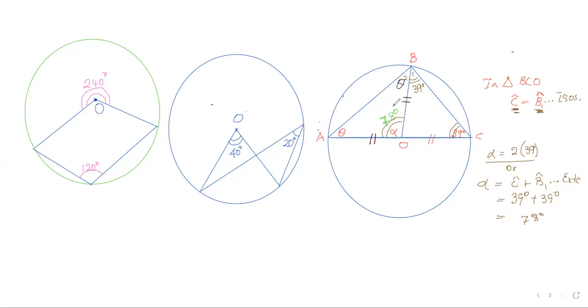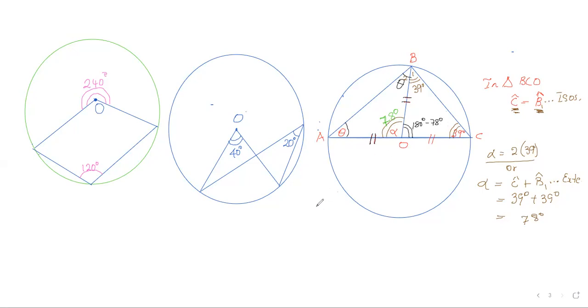two ways of doing it. If I add alpha to alpha, theta to theta, and 78, it must give you 180. Also, this angle here is equal to that angle plus this angle. The choice is mine. As I can see, this angle here is 180 minus 78, which gives you 102.